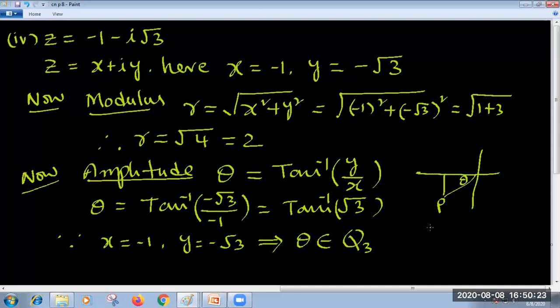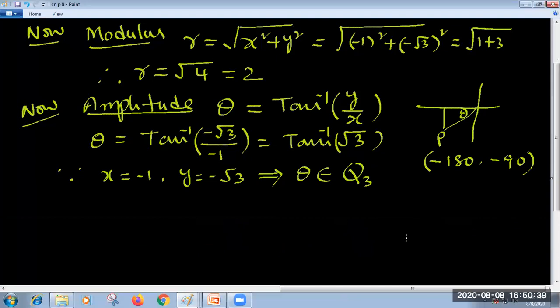So the third quadrant angle is from minus 180 to minus 90. We have to find the angle in the third quadrant, minus 180 to minus 90, which satisfies this equation. Theta is equal to tan inverse root 3. So tan 60 degrees is root 3, that is 60 degrees in the first quadrant. Then we calculate the negative angle in the third quadrant.